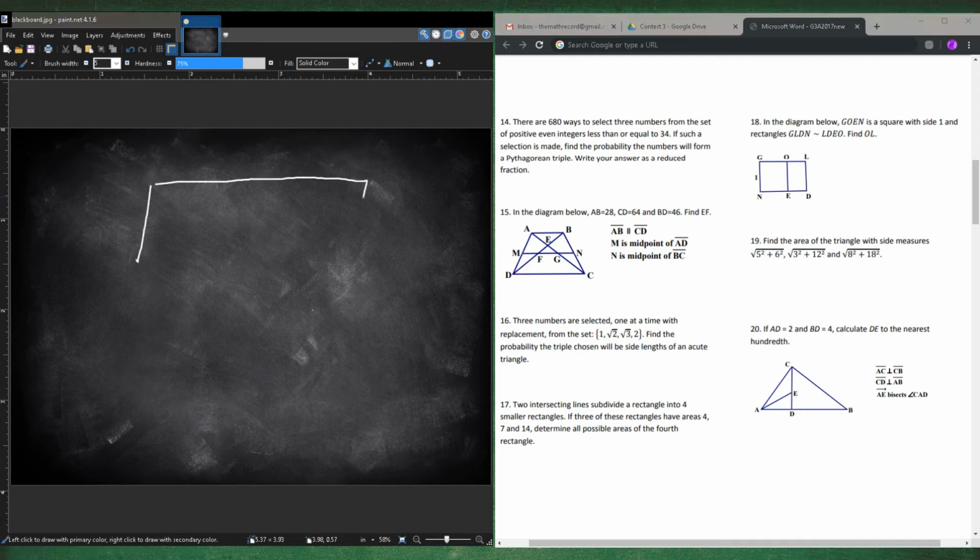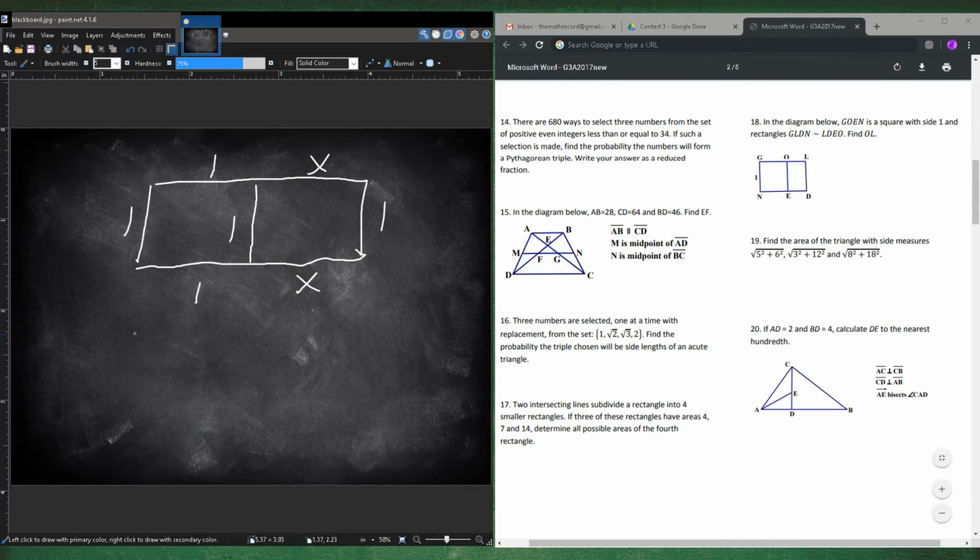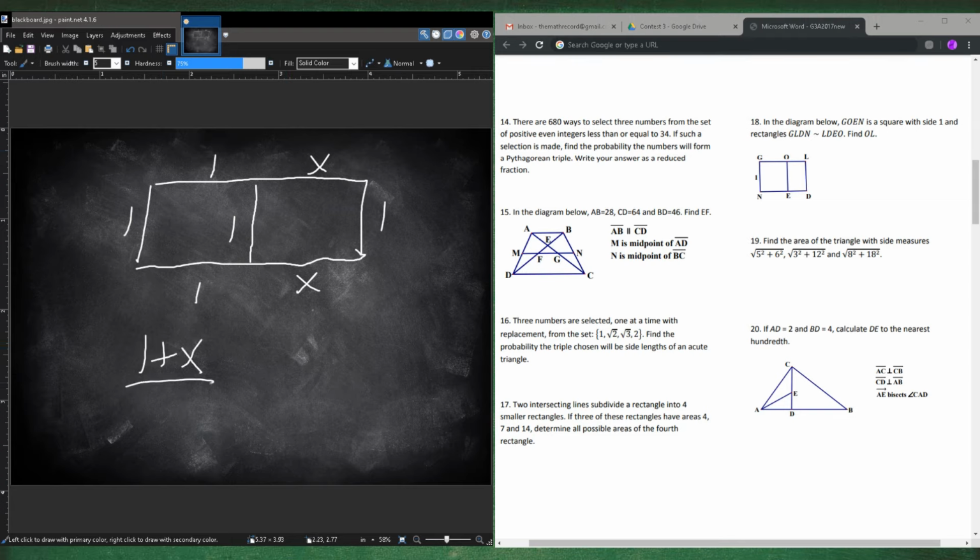So you think about it, you have a square. It might not look the best, but it's just 1, 1, 1, 1. And let's call this X. This is X and this is also 1. Okay, so they're saying GL, so that's 1 plus X, all over GL DN.